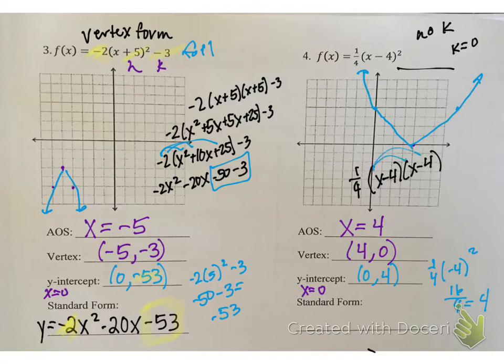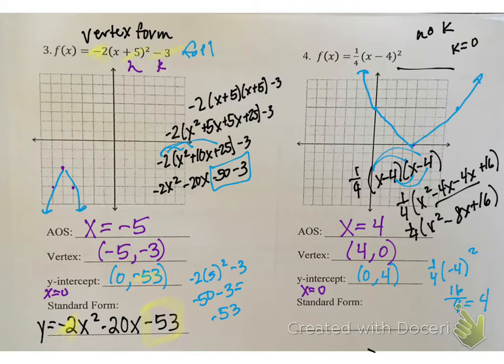So x squared minus 4x minus 4x plus 16. I'm just going to leave my 1/4 out front. Combine like terms. So 1/4 x squared minus 8x plus 16.